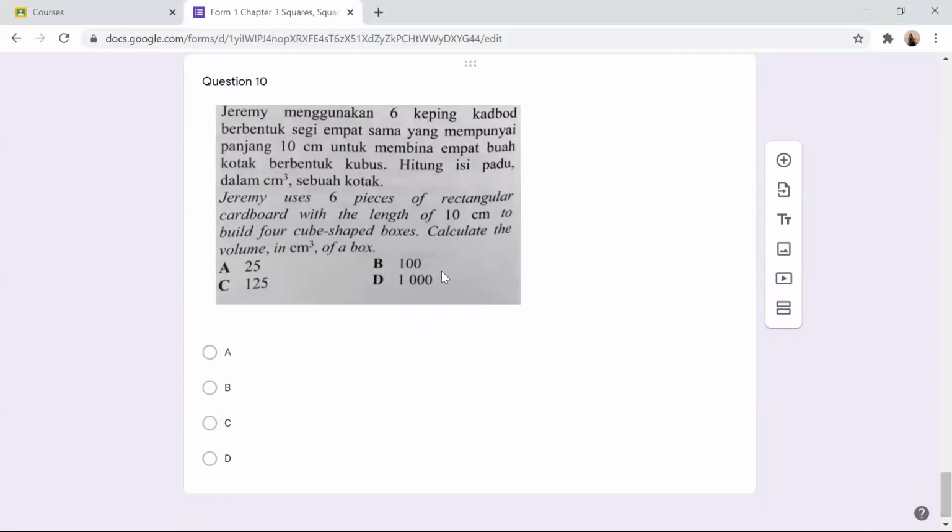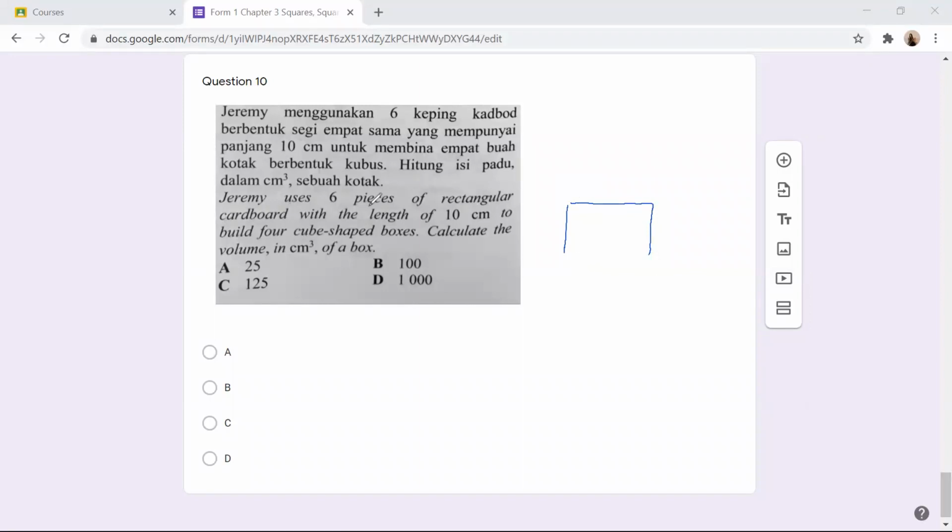All right. Jeremy uses 6 pieces of rectangular cardboard with the length of 10 cm to build 4 cube-shaped boxes. Now we got rectangular cardboard, okay, and we have to build the cube. So this cardboard, it says rectangular.